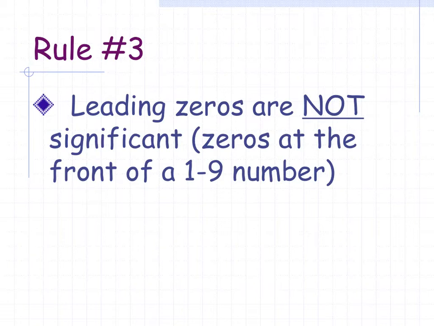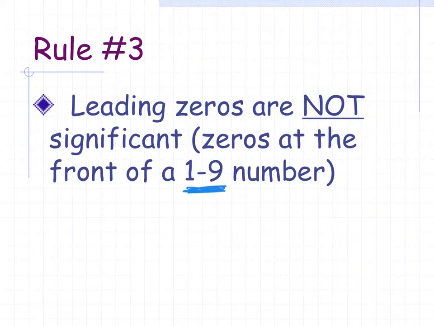When we look at rule number 3, it changes a little bit. So now we're talking about another kind of zero called a leading zero. Now, be very cautious. A leading zero is a 0 before a 1 through 9 number.